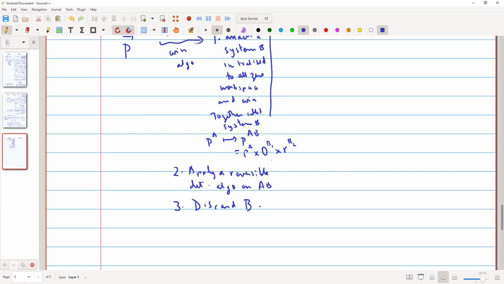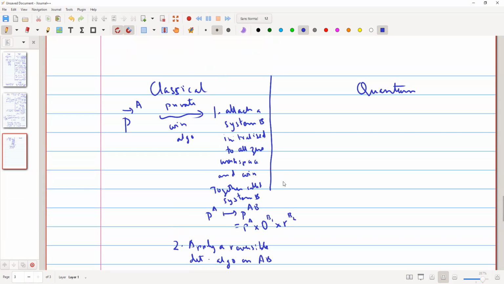So this was a three-step process which described every private key algorithm from A to A. Similarly, if you want from A to A prime, you can define things that way. So I hope you remember these things.